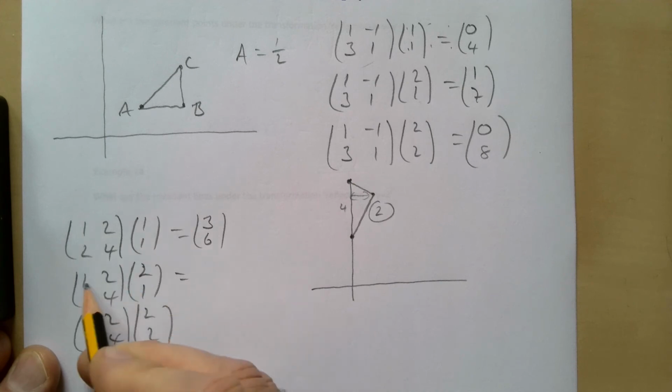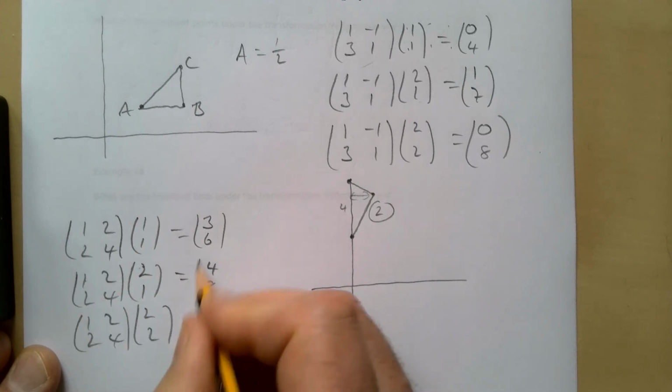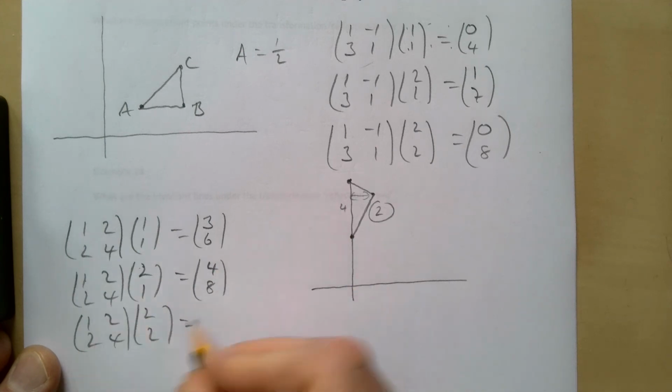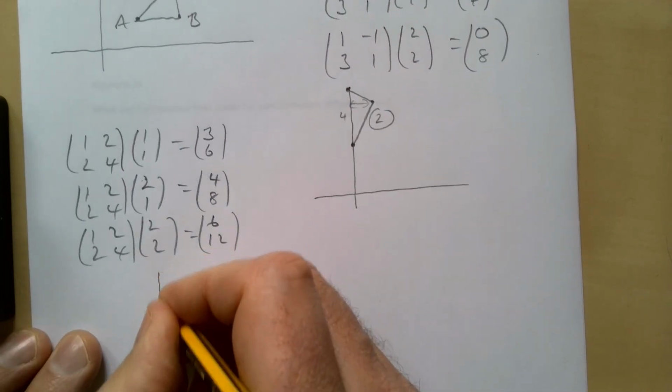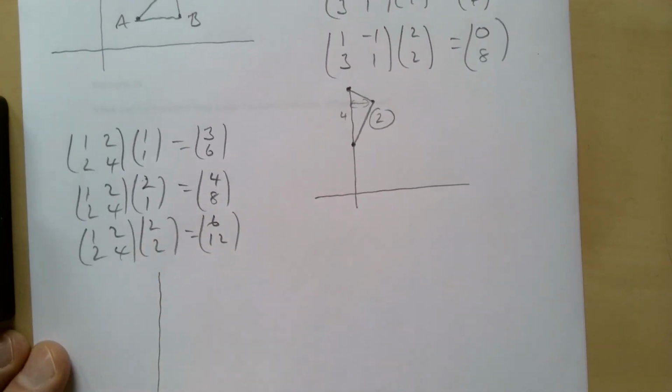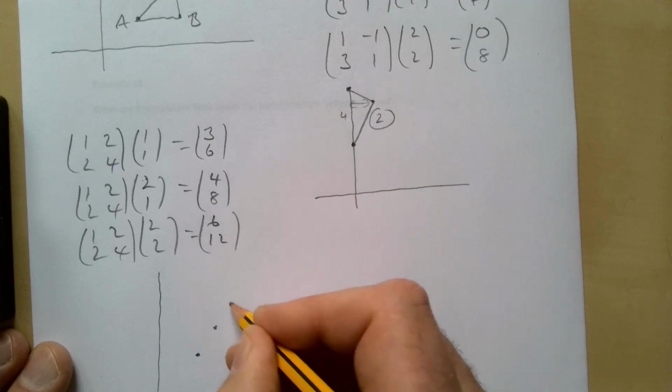We might not work this out. 2 plus 2 is 4, and 8, and 6, and 12. And if I plot these, see what happens. The point (3, 6), the point (4, 8), and the point (6, 12).